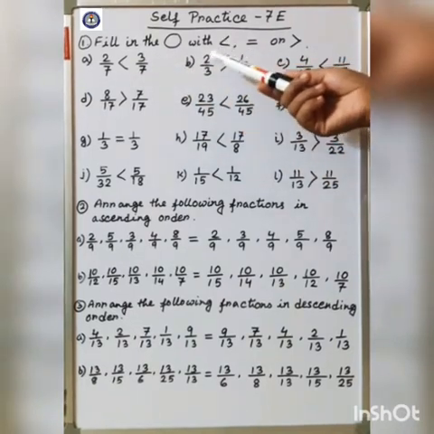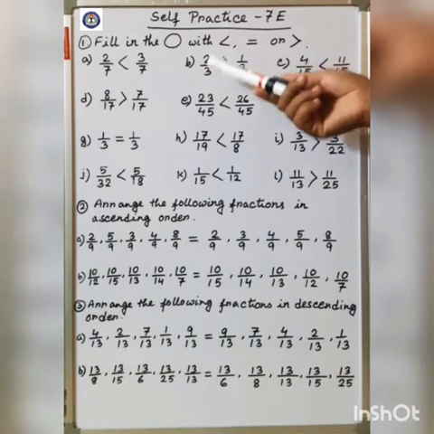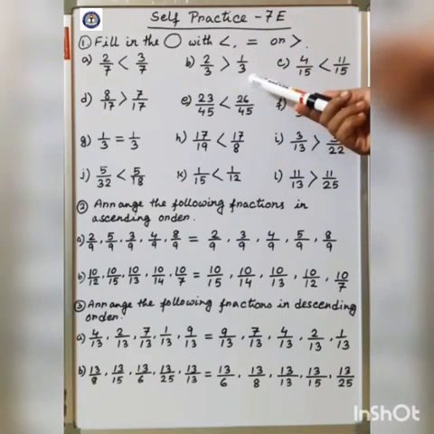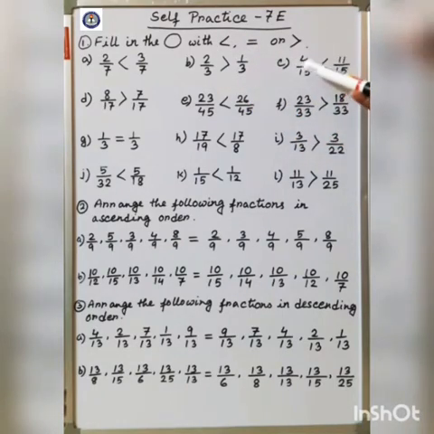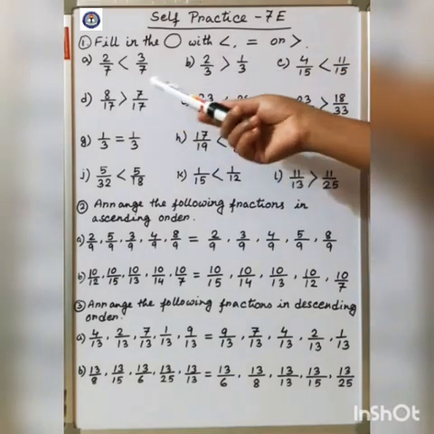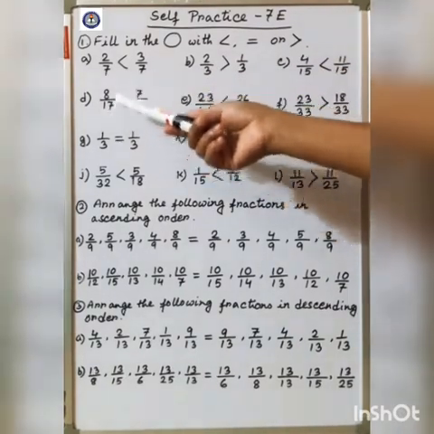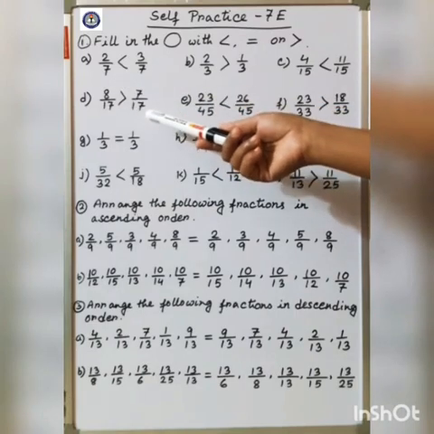Next, 2 is greater than 1, therefore 2 by 3 is greater than 1 by 3. Next, 4 is less than 11, therefore the fraction 4 by 15 is less than 11 by 15. Next, 8 is greater than 7, therefore 8 by 17 is greater than 7 by 17.